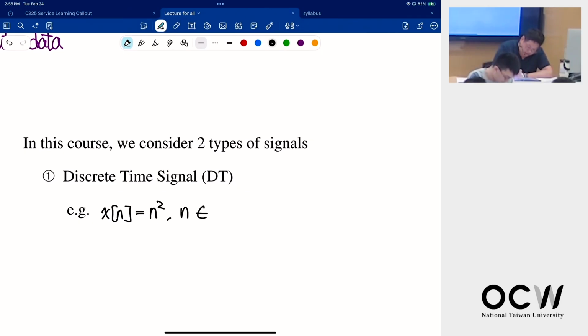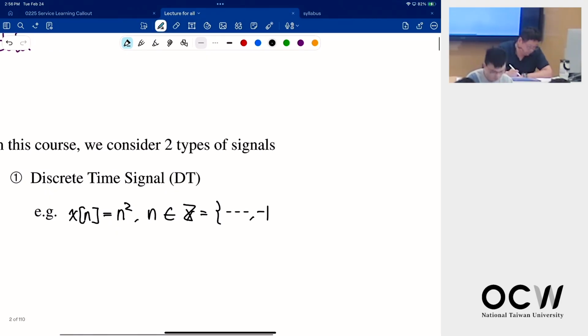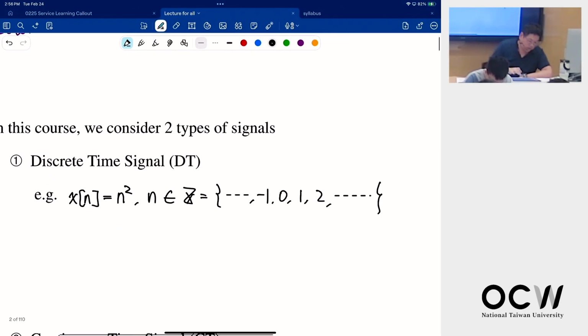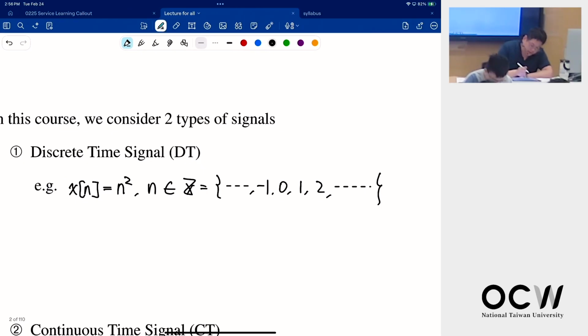And this n belongs to, so it could be from negative numbers to positive integers. Or the signal could be complex, so it's j squared. Or we can write it down.